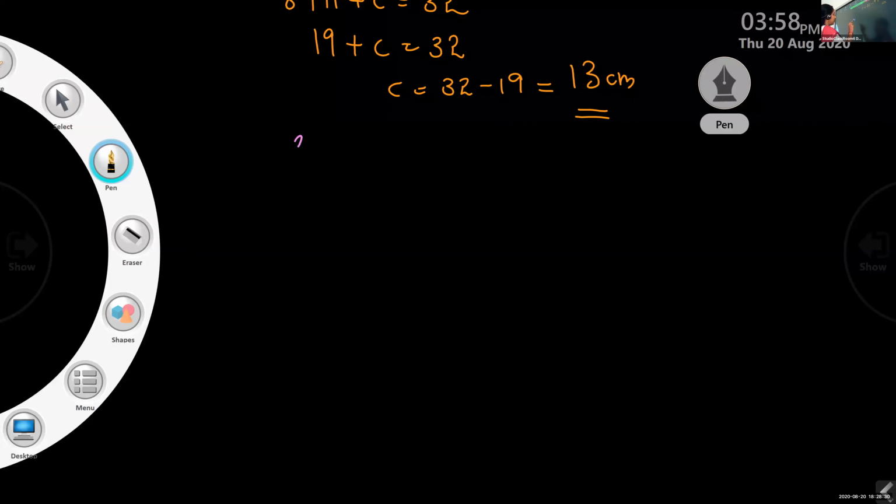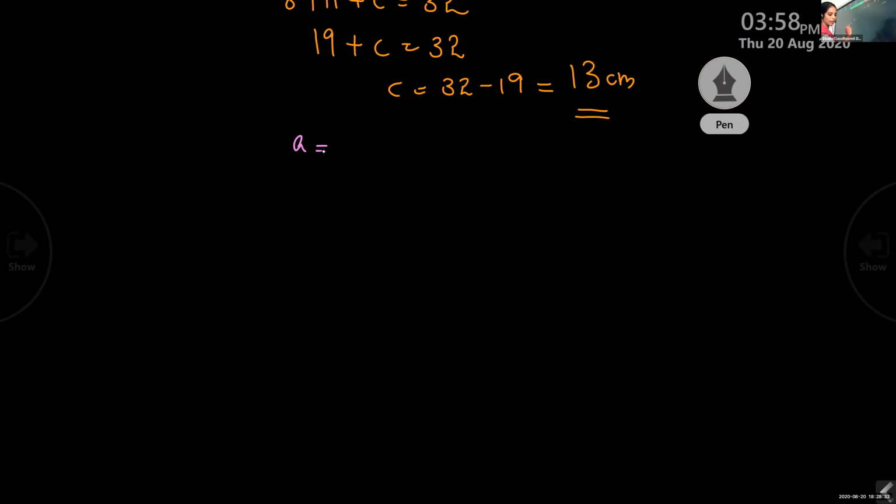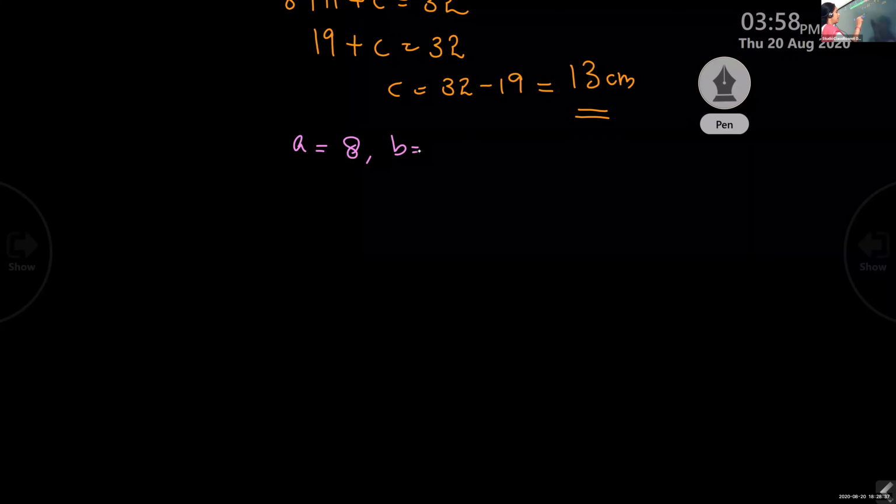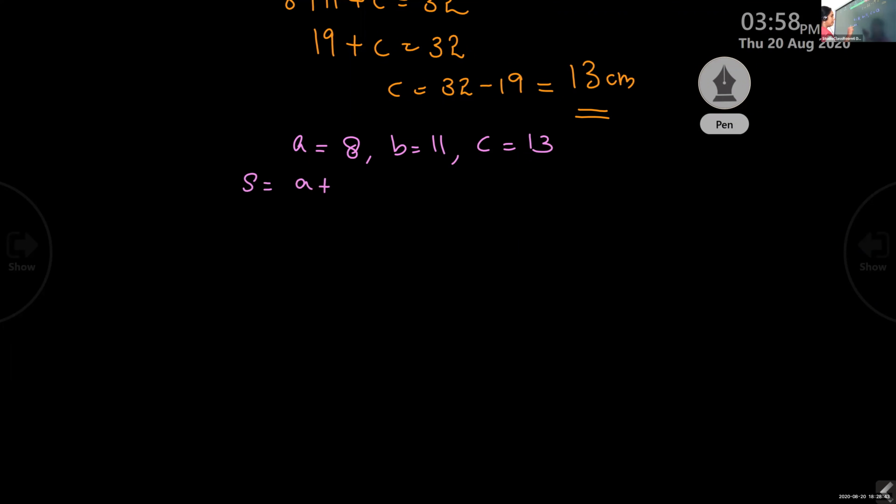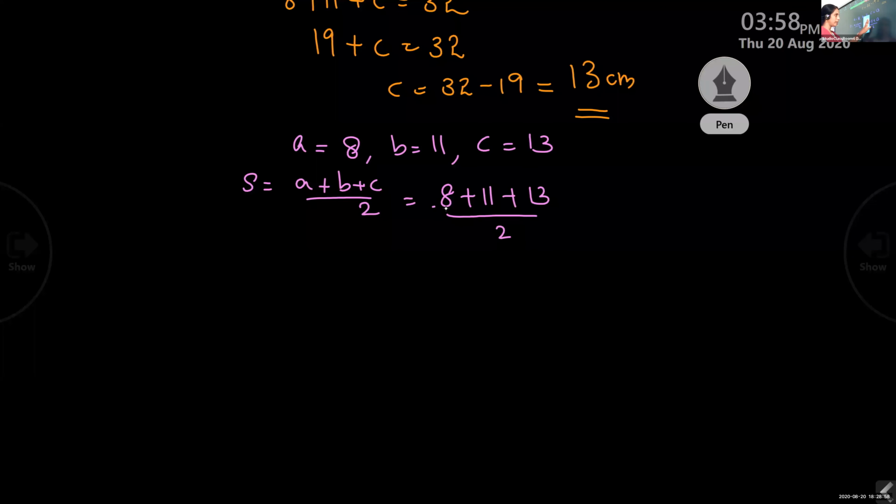Now you can write it again. A equal to 8, B equal to 11, C equal to 13, S equal to A plus B plus C by 2. No need of doing like this because perimeter is given directly.